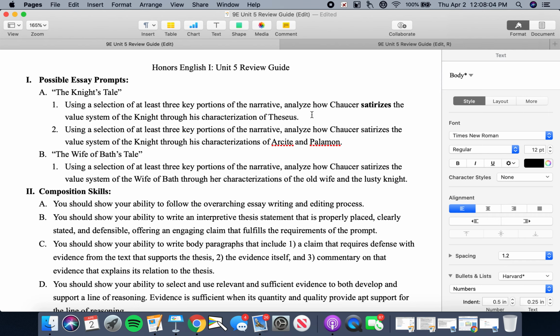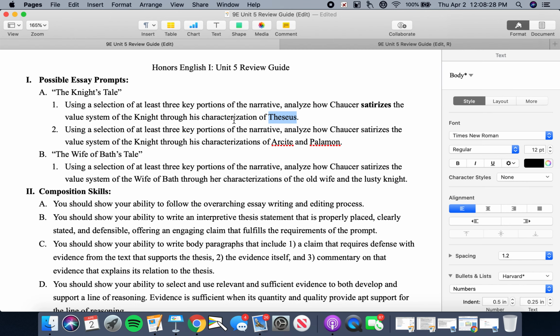All right. So what does this aspect of the prompt require you to do? Well, pretty much 2 things. It asks you to answer one question first. How is Theseus characterized throughout the course of the knight's tale? Okay, so how does the knight, the narrator, choose to develop and illustrate Theseus as a character?